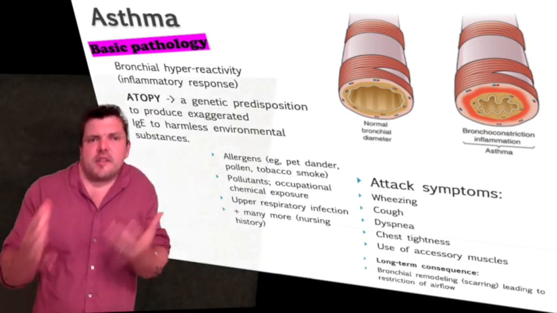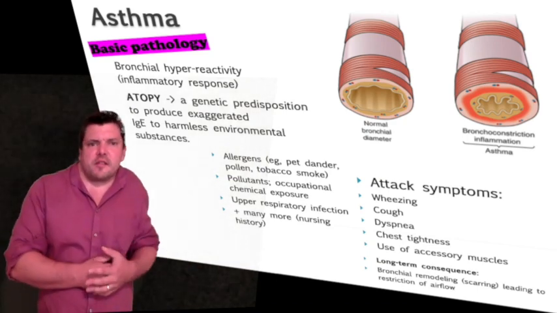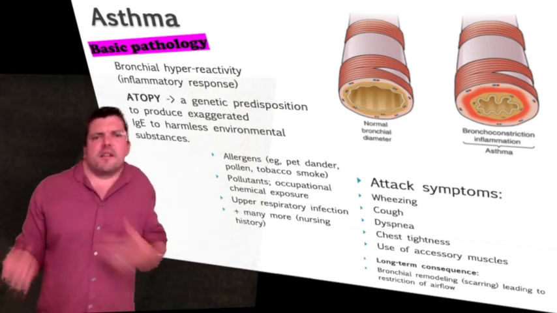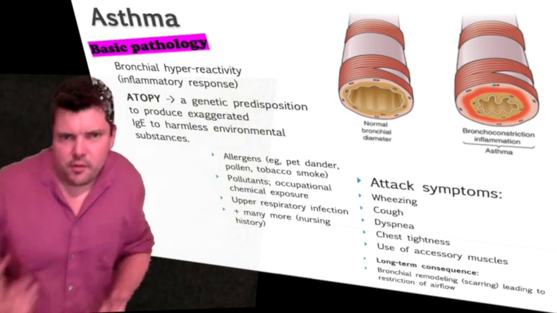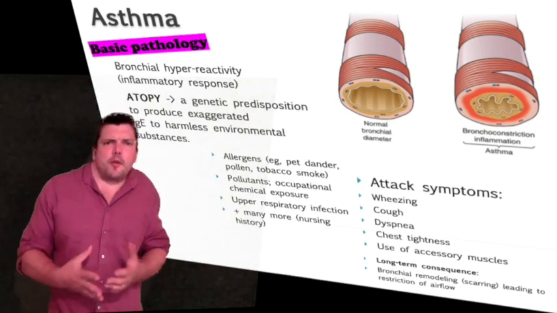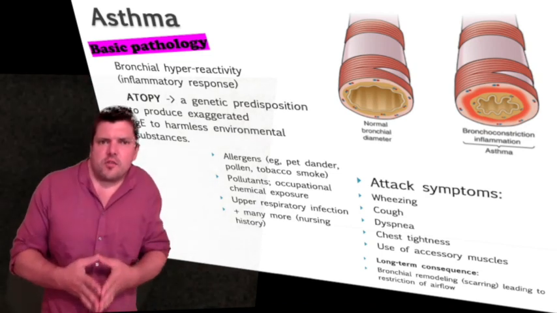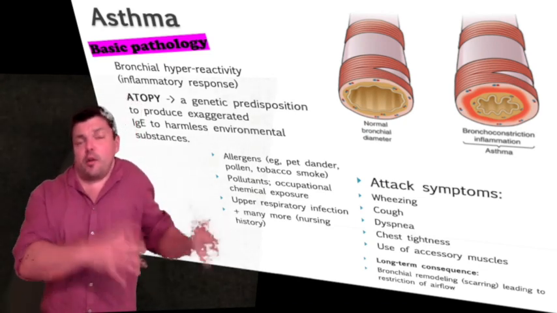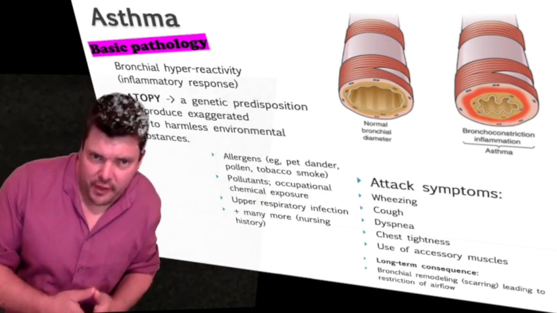to otherwise harmless environmental substances. Pet dander. But people with asthma will tell you it's not just pet dander that can throw them into an asthmatic attack. Things such as upper respiratory infections can do it too, but the defining feature is this exaggerated immunoglobulin response.